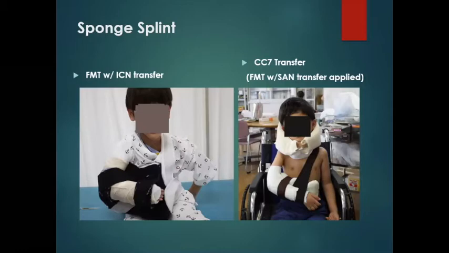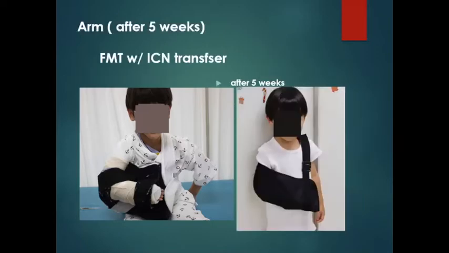The right side shows the CC7 transfer, in which cervical immobilization with a soft collar was added. This is also applicable for Free Gracilis transfer with spinal accessory nerve transfer. A sponge splint for Free Gracilis transfer is followed by an arm sling after 5 weeks until active motion recovers.